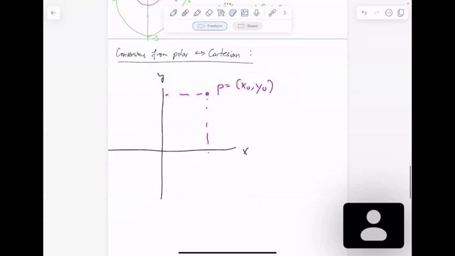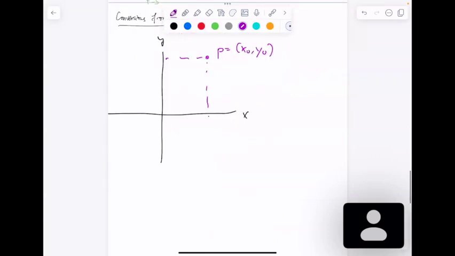All right, now I could do some basic trig. So let me draw my radial arm here. My radial arm r, so this is also r and theta, is the hypotenuse of a certain right angle triangle, right? There's a right angle triangle I could draw here, and I could figure out what x naught and y naught are based on this. x naught is going to be equal to the hypotenuse of this triangle times cosine of my angle theta.